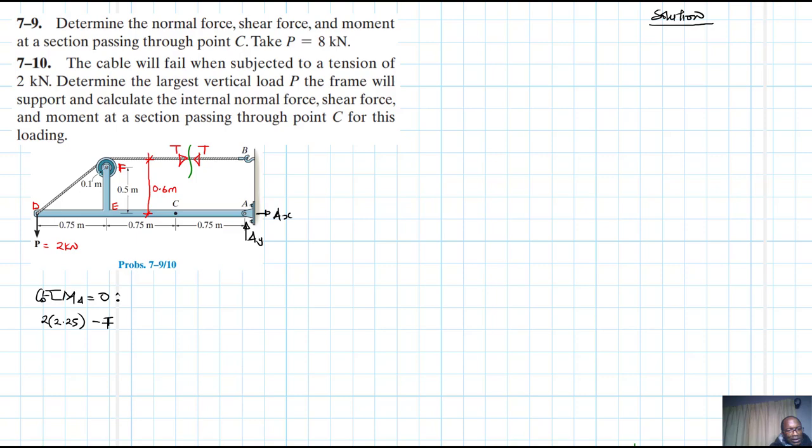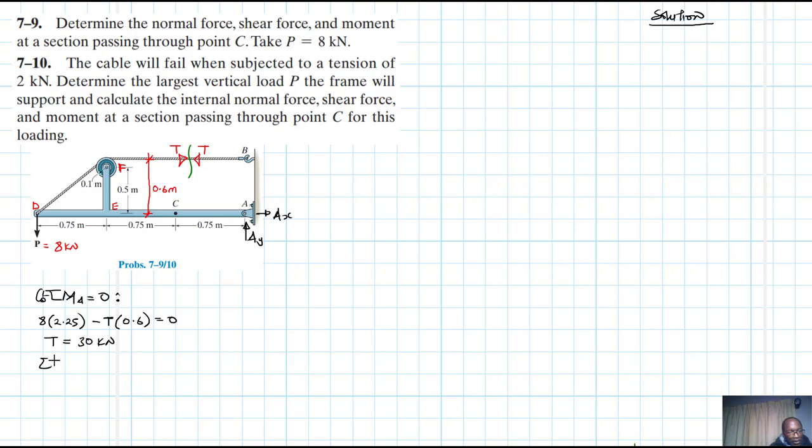And then minus T times the lever arm, which is 0.6, equal to 0. Sorry, this is not 2, right? This is 8. Okay, this is 8 kilonewtons, and so is this one here. Therefore T is going to be equal to 8 times 2.25 divided by 0.6. This gives us T equal to 30 kilonewtons.